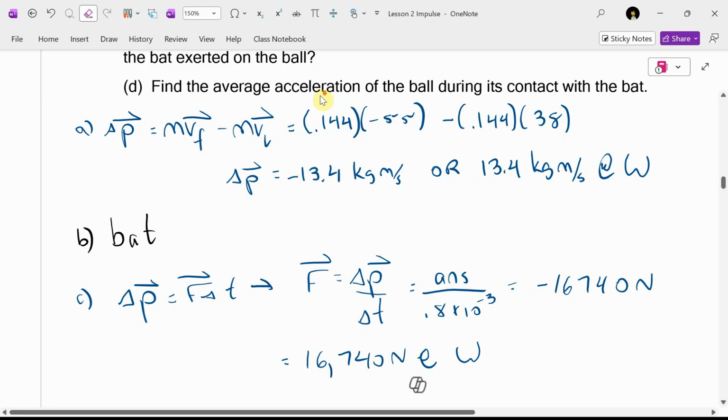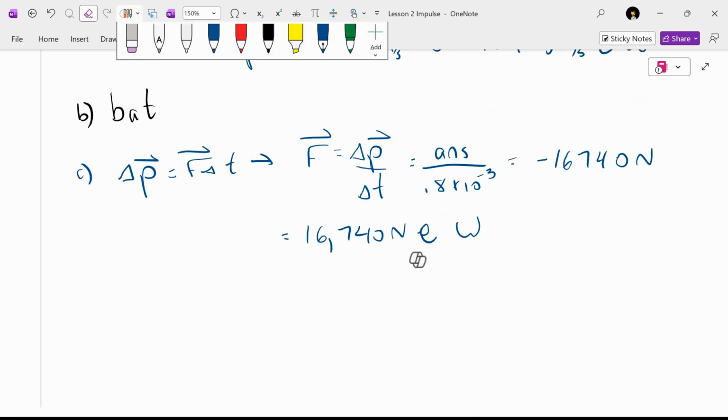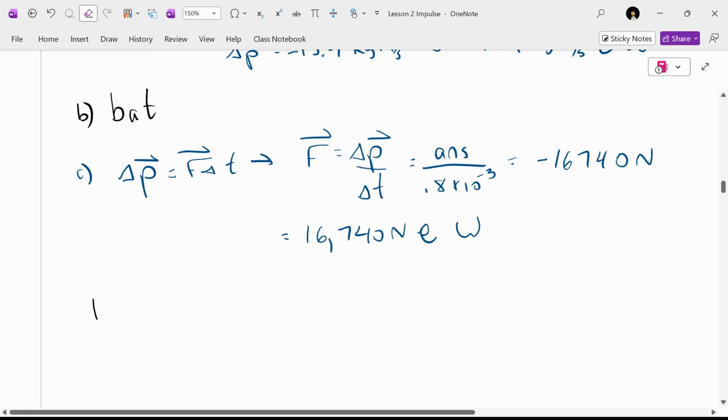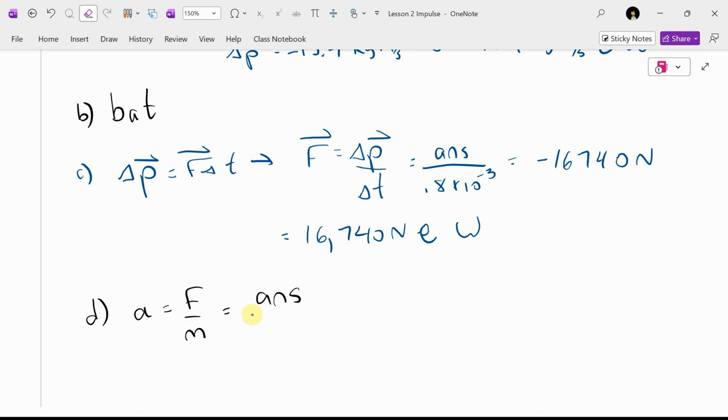Oh, Jacoby, what's D asking me to find? I would have no problem if you used what Sadie said, A equals VF minus VI over T. But what did we find in part C? Ryan's theorem. It's going to be answer button divided by 0.144. Is that what it was?